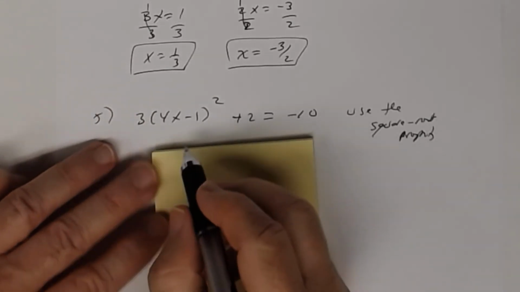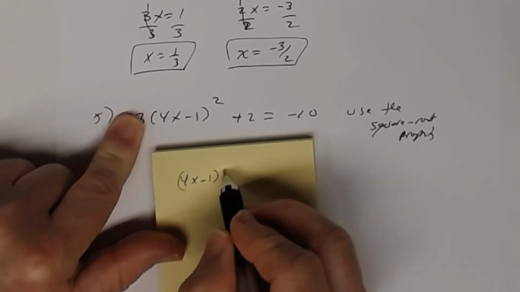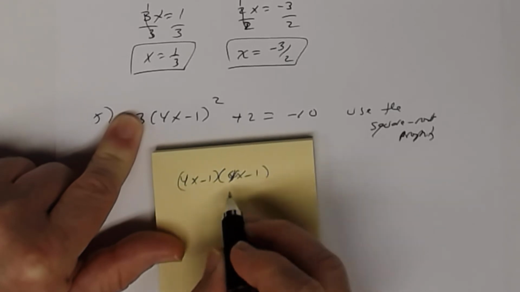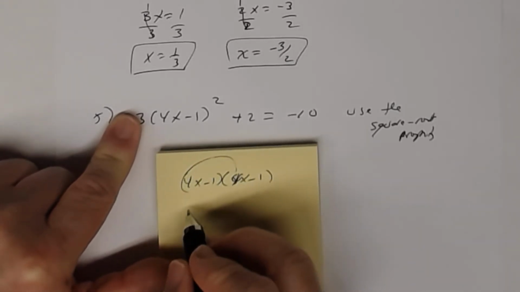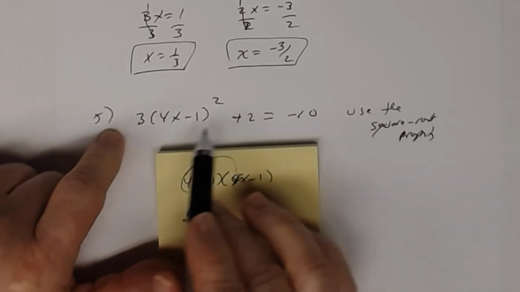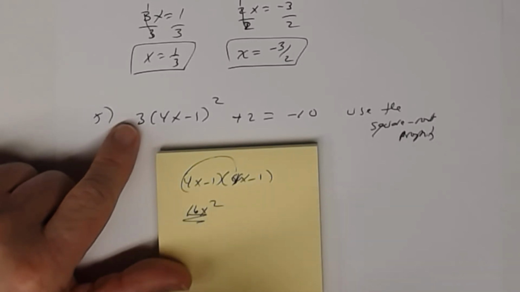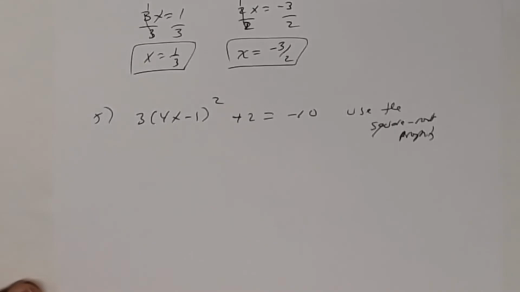So in other words, if you were to just take this part here, 4x minus 1, and multiply it by itself, because that's what that squaring says, and then FOIL, I'm not going to FOIL it all out, but notice I'll get 4x times 4x is 16x squared. So notice when you do this, you're going to get your largest term having an x squared in it. So that's quadratic.